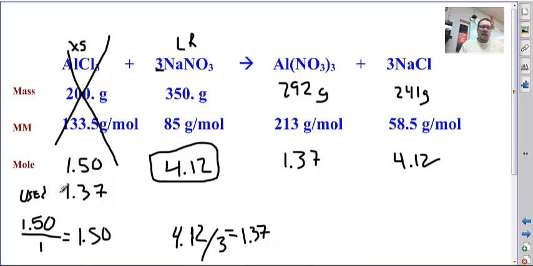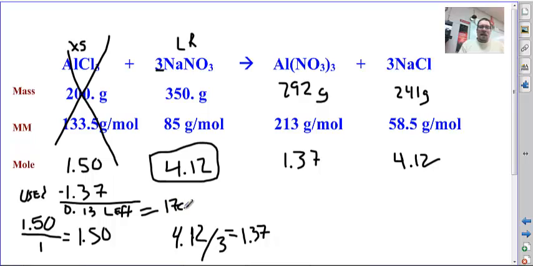So if I just take the difference, you can see that 0.13 moles of this is going to be left over. Okay. And I can convert that into grams very easily. I just multiply by the molar mass and find out that that equals about 17 grams.